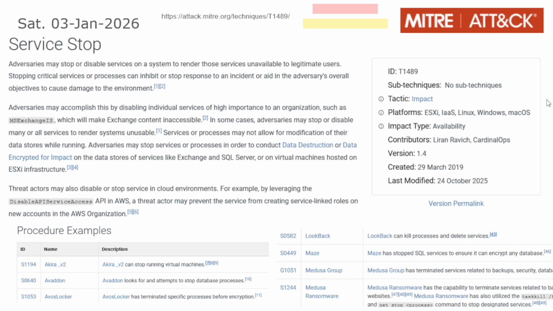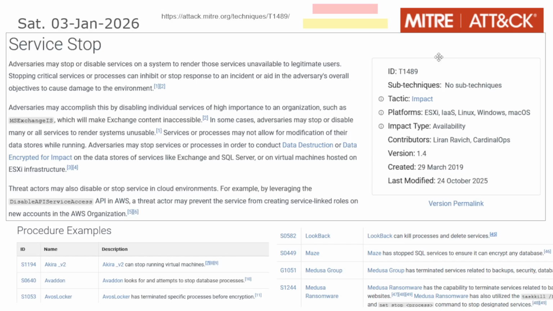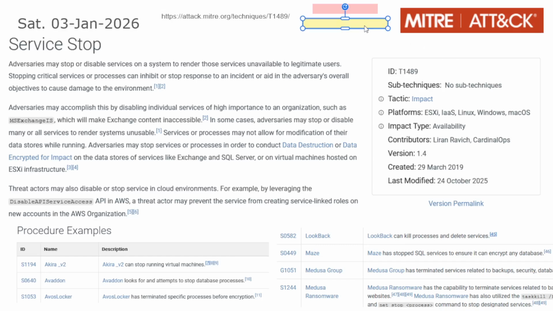So we are here in the field of impact, in the kill chain step, let's say, of impact. That's at the very last part of our adversary life cycle. So after the adversary has gained access to your system and has created all the persistence that is needed, defense evasion worked, a lot of things worked, and now the idea is to stop services, and this might be one of the impacts.